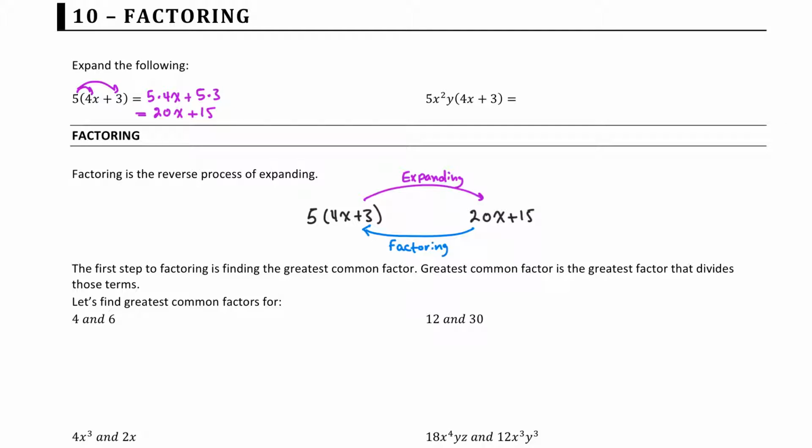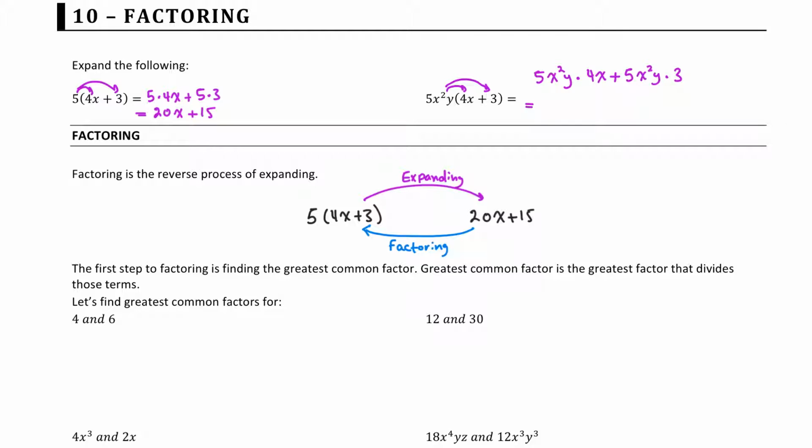In the second example, we're going to do the exact same thing. We're going to distribute what's outside of the brackets into the brackets, and we get 5x squared y times 4x plus 5x squared y times 3.